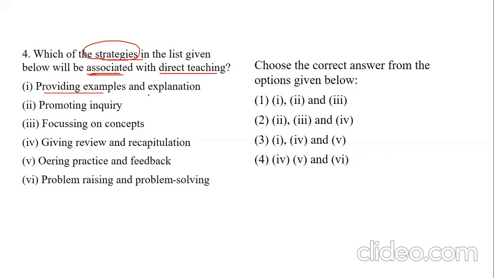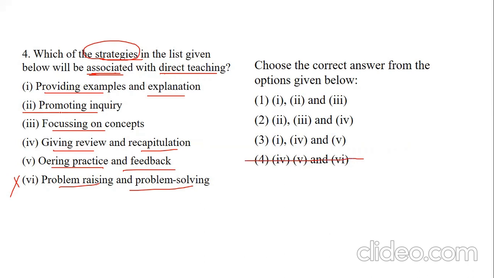That is providing examples and explanation, promoting inquiry, focusing on concepts, giving review and recapitulation, orienting practice and feedback, problem raising and problem solving. If you see, problem raising and problem solving does not require a direct teaching strategy. So option number 6 you can cut down.